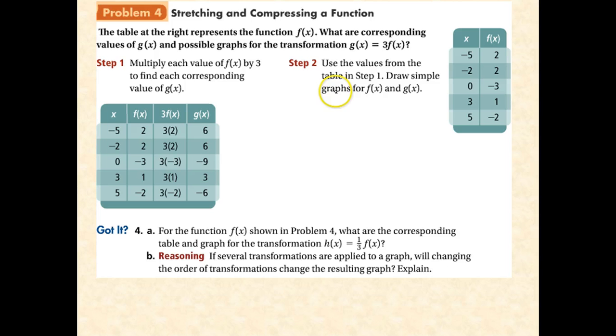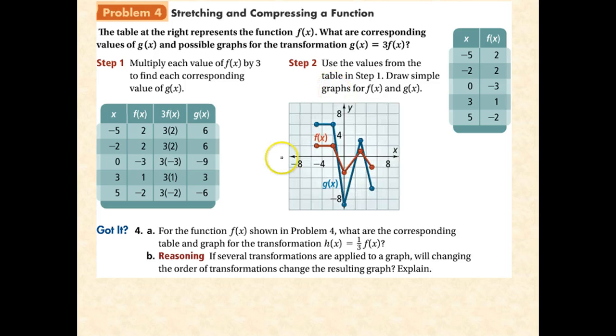So let's draw simple graphs for these things. In red is our original f of x. We had negative 5, 2. Then negative 2, 2. Then 0, negative 3. And then 3, 1. And then 5, negative 2.